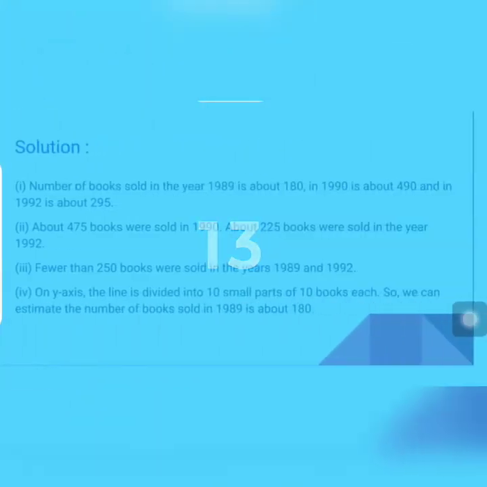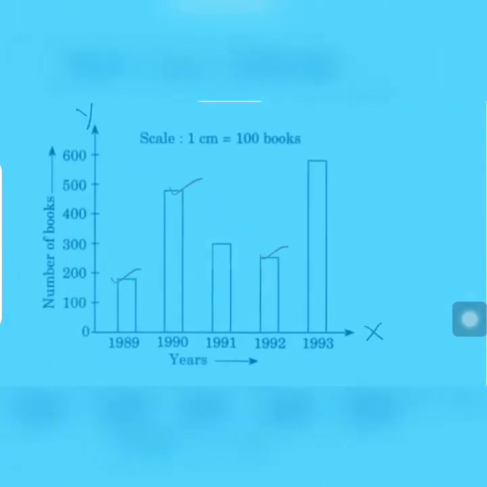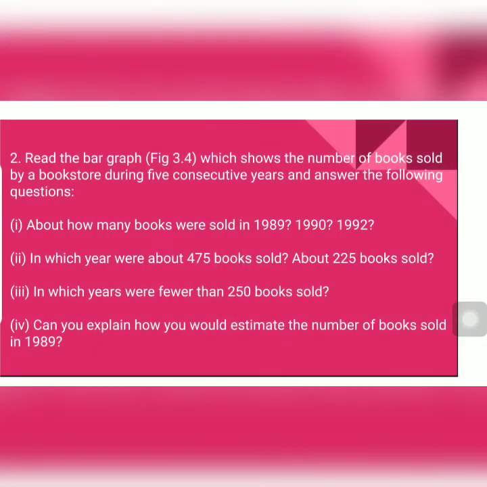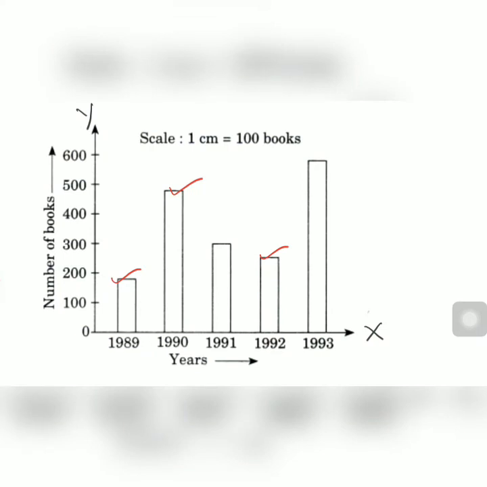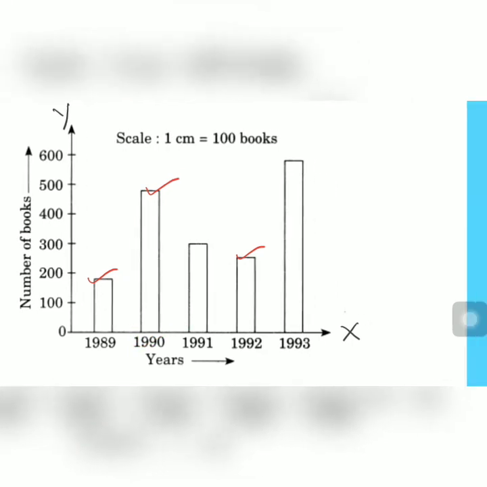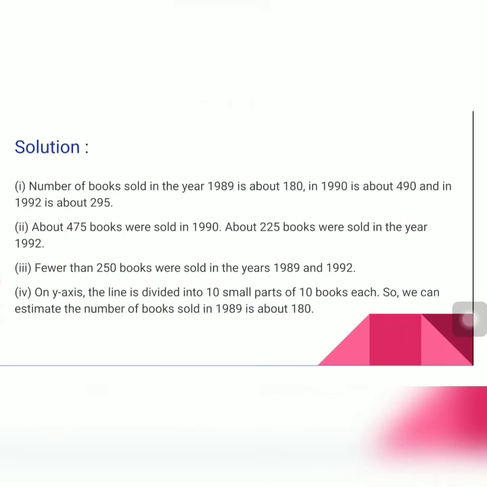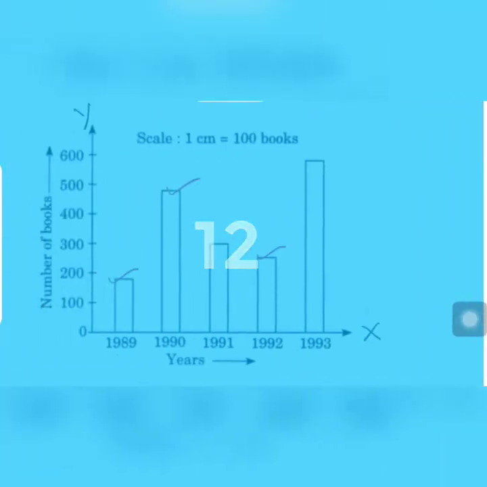Now the next question related to this graph is: in which year were there about 475 books sold and about 225? So we can see that 475 must be this one, this particular bar of 1990, we can say that about 475 books were sold. So in 1990 about 475 books were sold, and what about 225 in 1992?